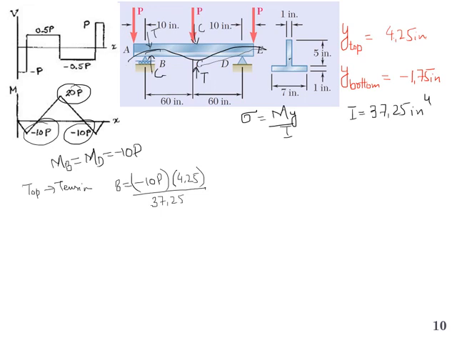And this gives us the allowable P of 7.01 KSI.